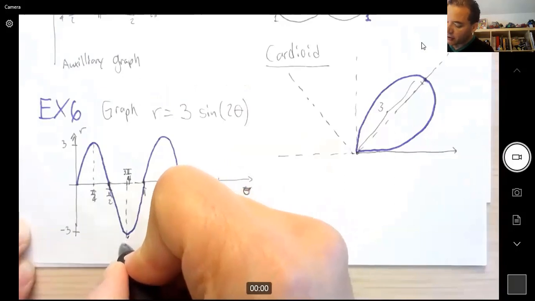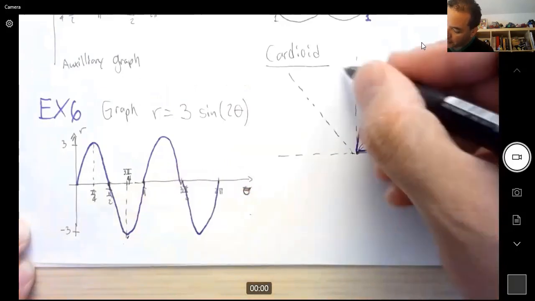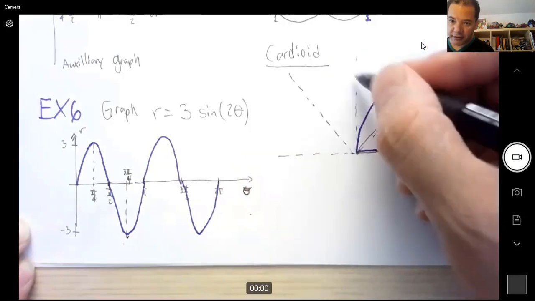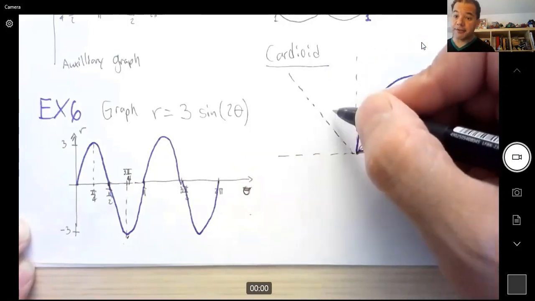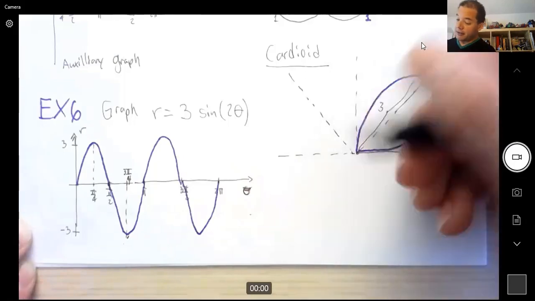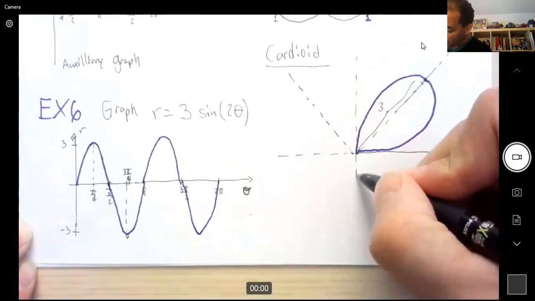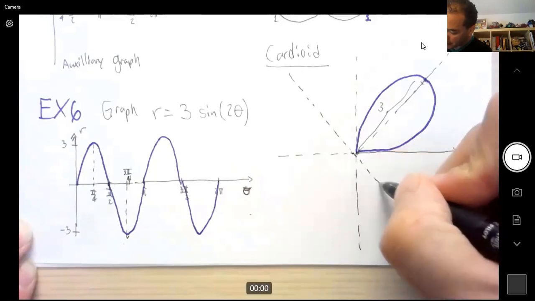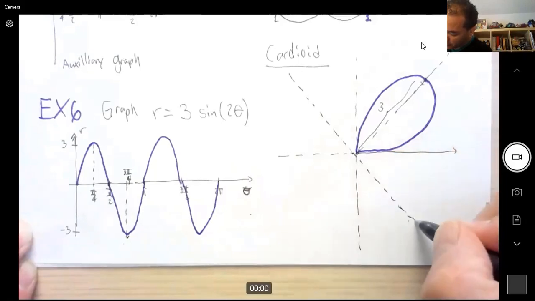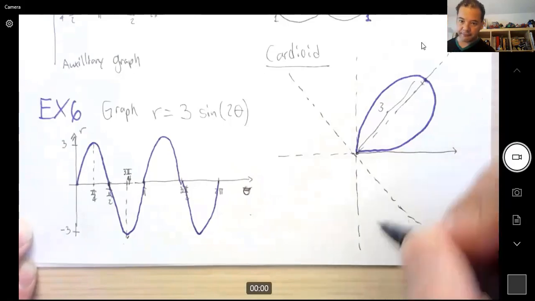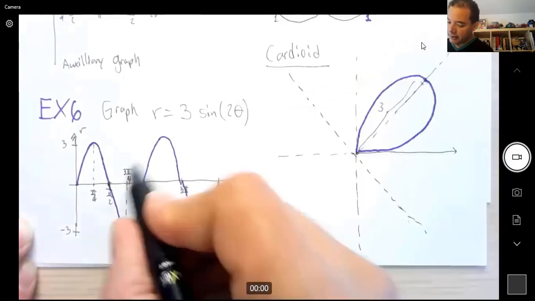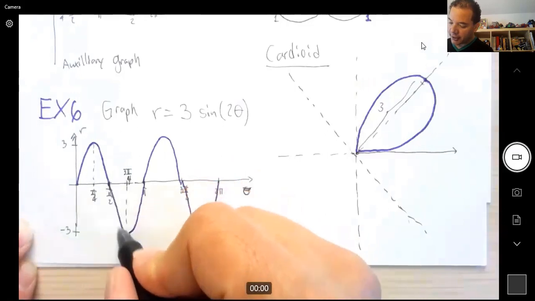So had it been from 0 to 3, the picture would be here. But because the radius is negative, it's going to go from 0 to -3. Then it has to go in the opposite region, right? So the graph will continue over here, in this part over here. Is that clear? Because it's negative, it goes from 0 to -3.